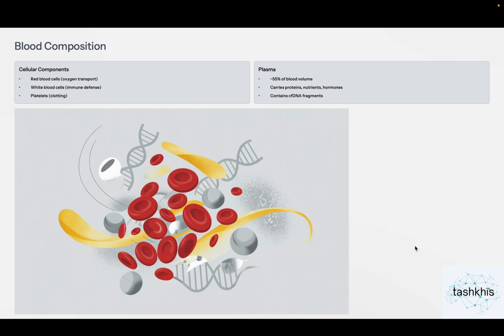Plasma, the pale yellow liquid that makes up just over half your blood volume, is mostly water, but it also carries proteins, nutrients, hormones, and most importantly, small fragments of DNA floating freely outside of cells. Those free-floating DNA fragments are also called circulating free DNA, or cfDNA.